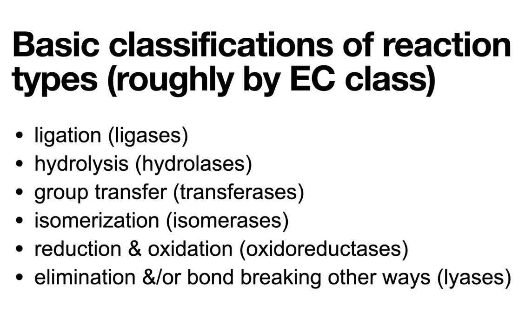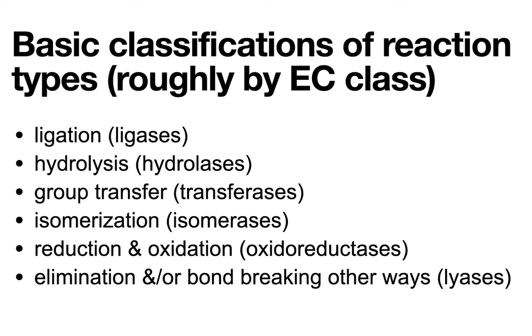Hydrolysis, carried out by hydrolases, we're breaking things with water. We have group transfer, carried out by transferases. We're transferring groups, as it sounds like. Isomerization, so isomerases are going to swap things around. Redox reactions are carried out by our oxidoreductases. And elimination and other bond breaking are carried out by our lyases.